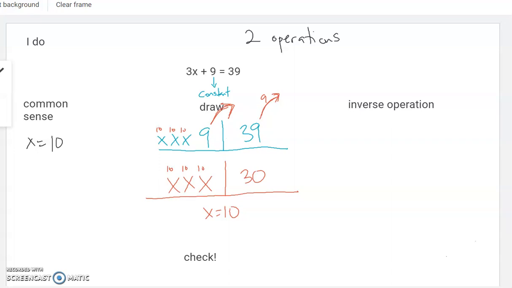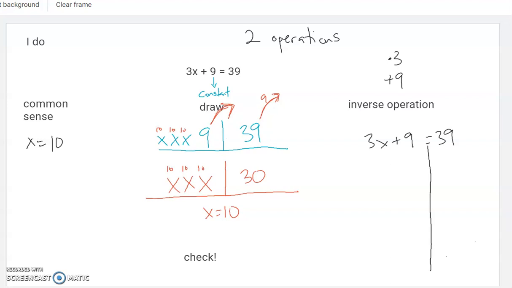Let's go to inverse operation. So 3x plus 9 equals 39. So what we say in the first 4 levels is look at your variable and do the inverse, right? But the problem now is there's 2 things happening to my variable, not 1. I've got it being multiplied by 3, and I've got 9 being added to it.